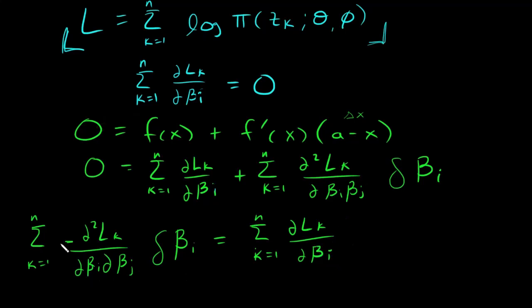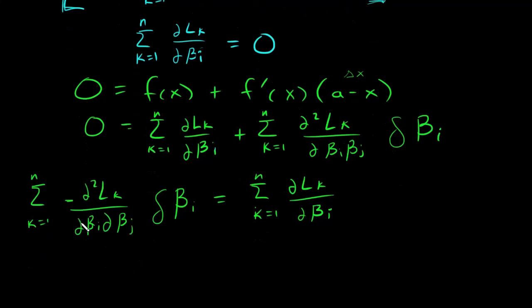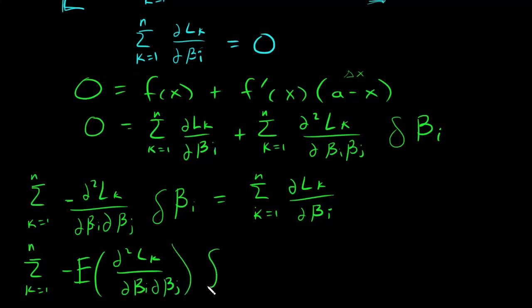So now I can plug in. Well, actually, no, sorry. Before I can plug in, Fisher said basically we can't use this. What we need to do is use the expected value. So that's how Fisher's information comes in. So instead of doing this, we do negative the expected value, and then everything else stays the same.